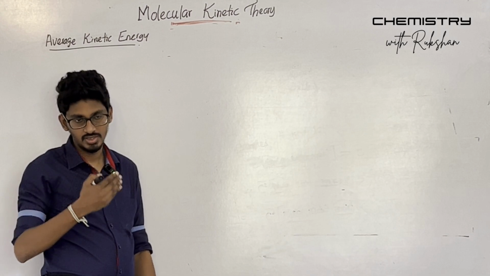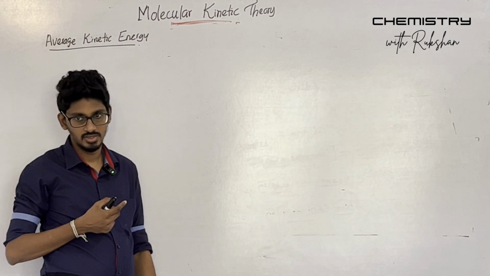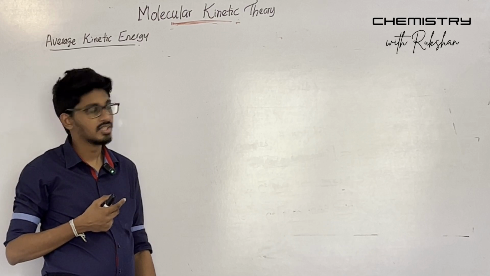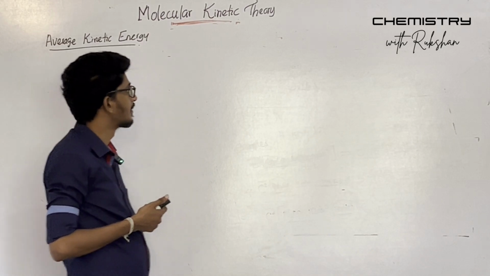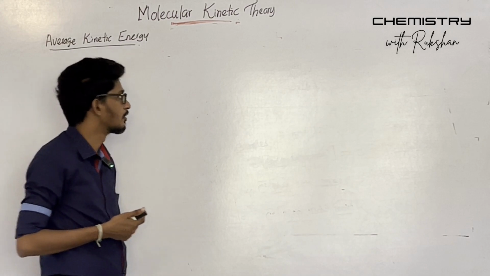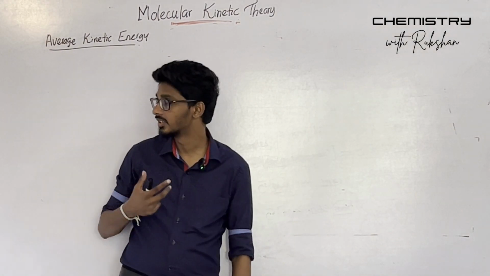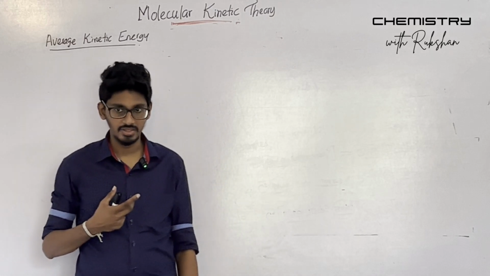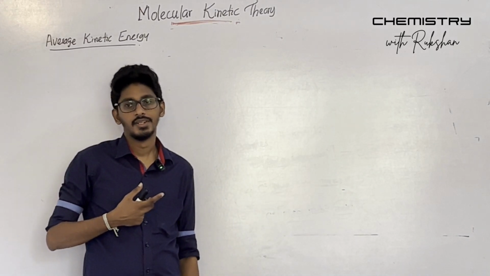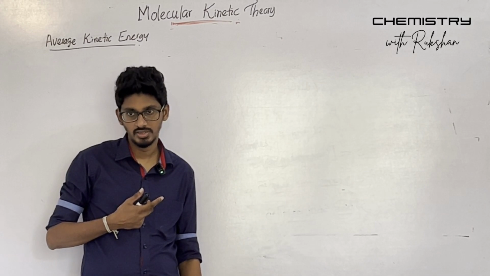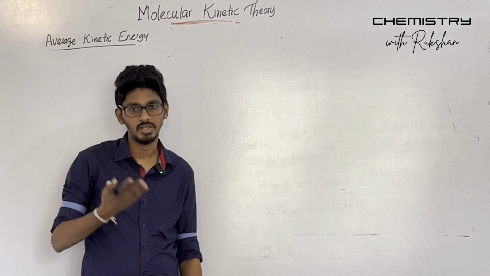So let's try to come up with that equation. There was an equation, E K bar, the average kinetic energy, is equal to 3/2 k B T. That was the ultimate equation we mentioned there.